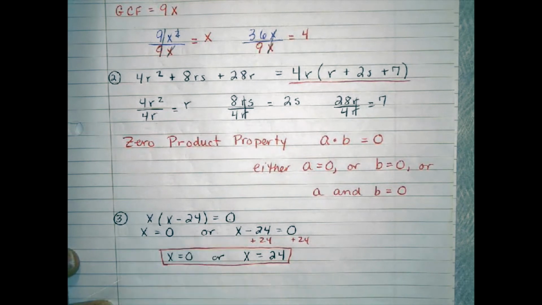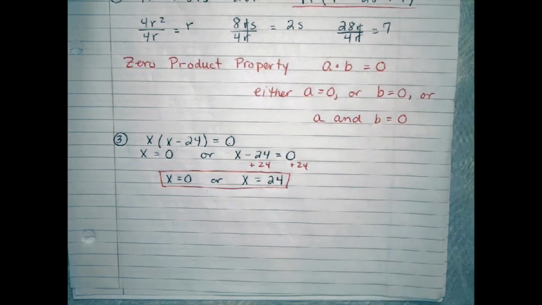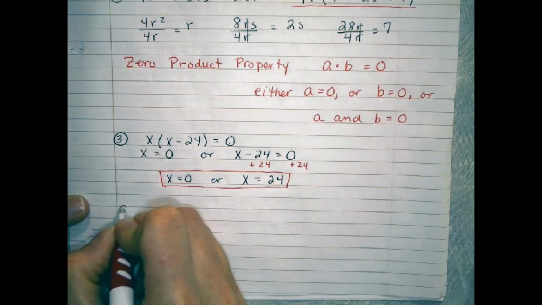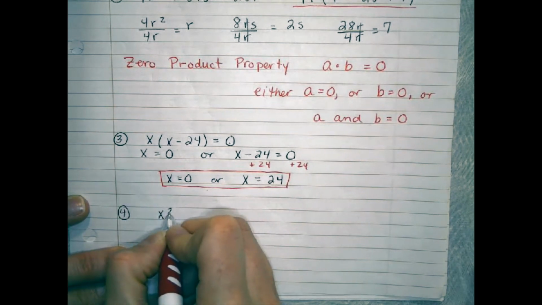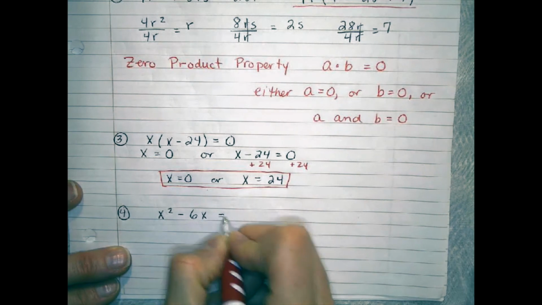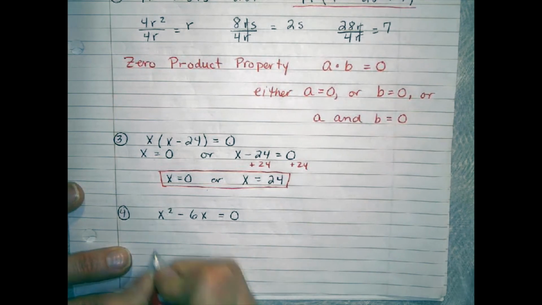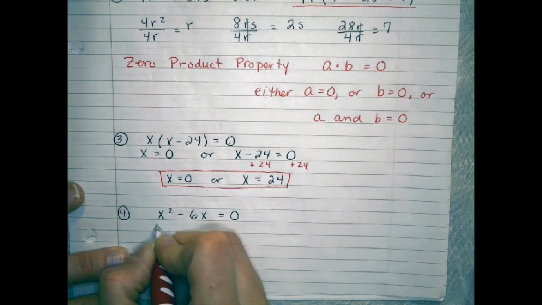Sometimes I have one in which I might actually have to do a little factoring myself. So for example, if I were to have a problem such as x squared minus 6x equals 0, first I would factor this binomial. I would factor out an x so that I get x times x minus 6 equals 0.